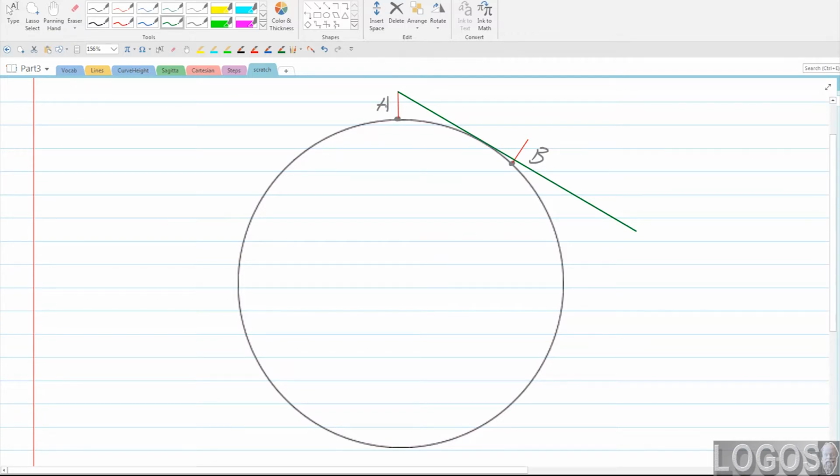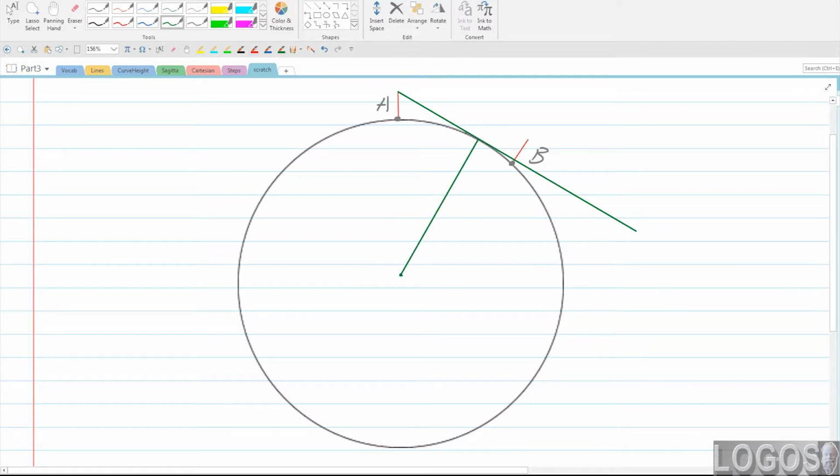So what I demonstrated with that line is A looking onto B, and I drew a tangent from A to B. Tangent would mean that if the center's here, this line, wherever this intersection point is from A looking onto B, is going to be perpendicular.